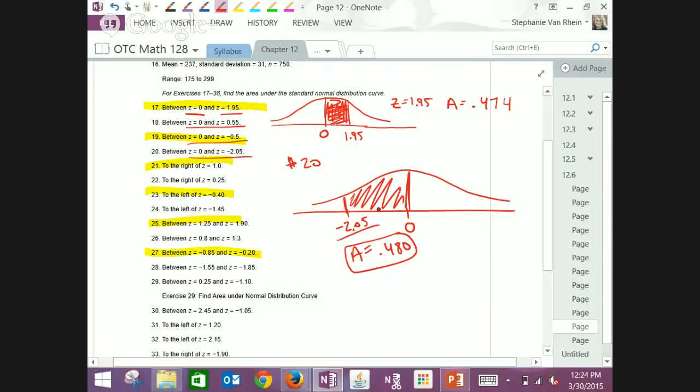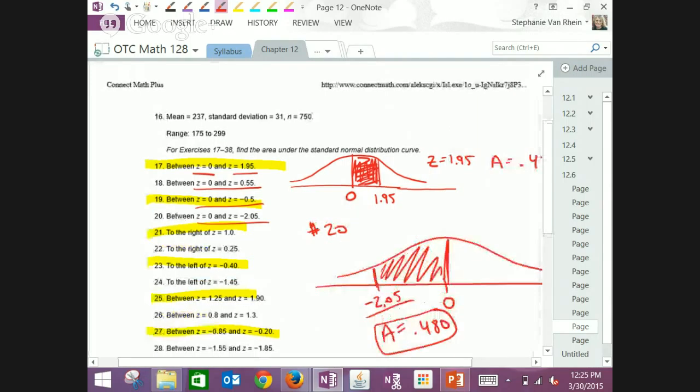Now this might get to where I give you how tall someone is. Like number 15, this is a good example on your pretest. The average hourly wage of an employee is given, you're assuming a standard normal distribution, and the standard deviation is given. Find the probability a randomly selected employee earns less than 751. So you have to find that corresponding z value, and then you're looking at the data to the left of that.